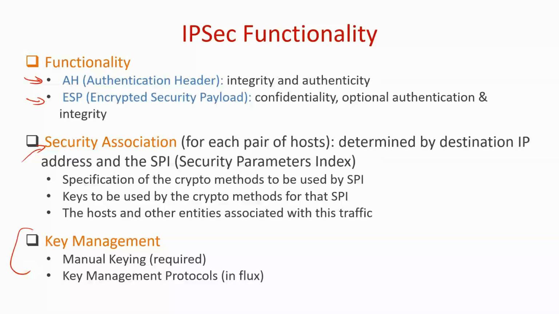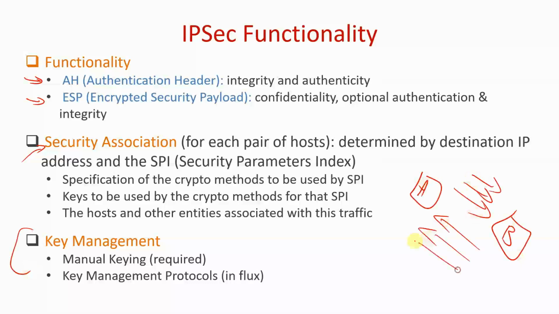Now, if you want the security to be mutual, if you want two devices to be able to secure their data, then there have to be two security associations, one in each direction. There can actually be more than one security association between two devices. So if you have A and B, you can have one security association in this direction or more, and you can have one security association in the opposite direction or more. Why do we need that?